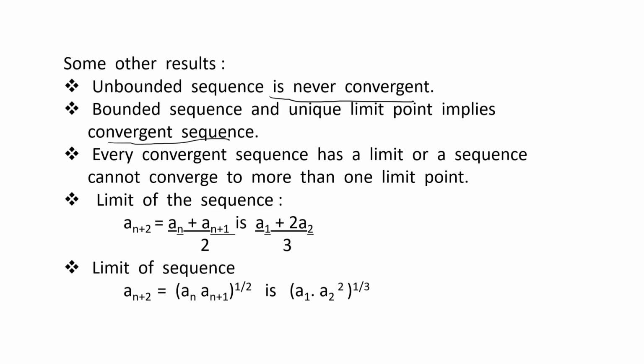The limit of the sequence a(n+2) = (a(n+1) + a(n))/2 is (a1 + 2a2)/3. The limit of the sequence a(n+2) = under root of a(n+1) times a(n) is the cube root of a1 times a2 squared.